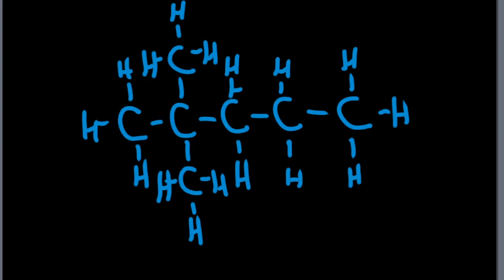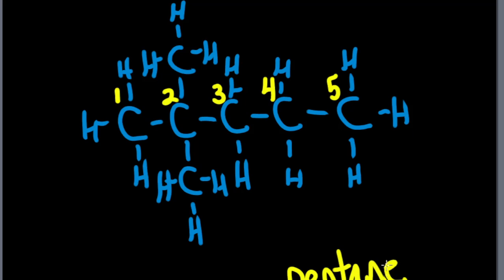Okay, so first things first, I find my longest continuous chain, which it looks like if I start here and go all the way here, then that's going to be my longest chain. So 1, 2, 3, 4, 5. So I've got 5 carbons, so I'm going to go ahead and label that as pentane as my longest chain.